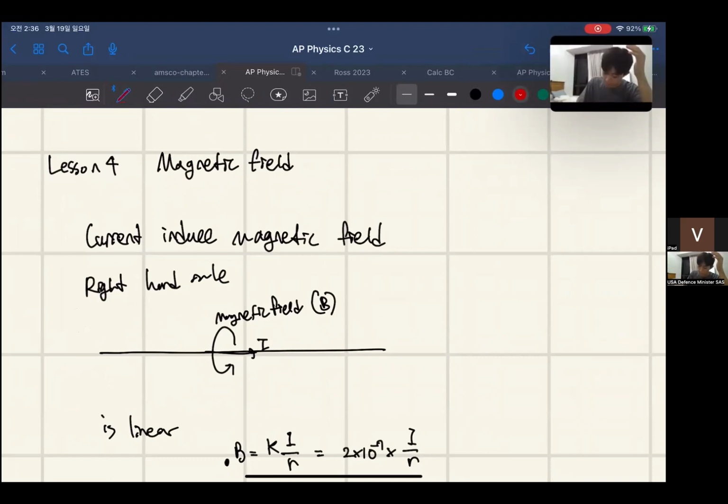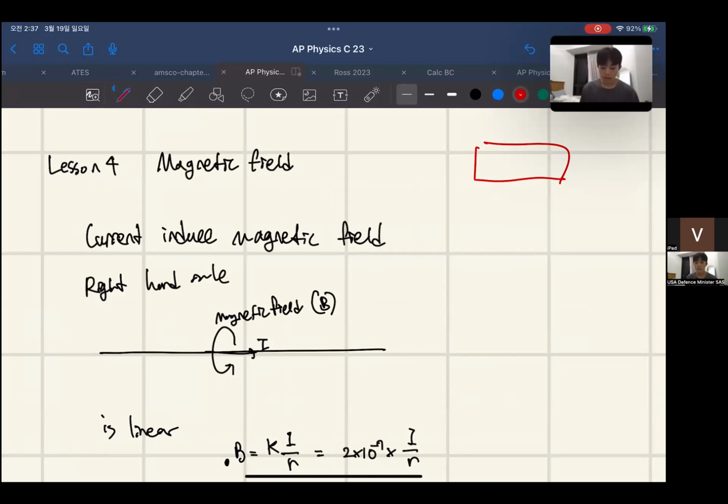Instead, we're going to talk about the magnetic field caused by the electric current. So we're not talking about literal magnets, but what's interesting is that electric current can also induce magnetic field.